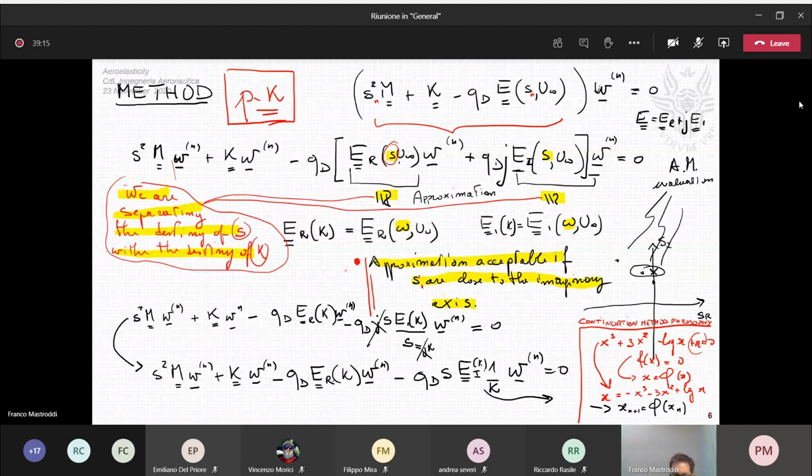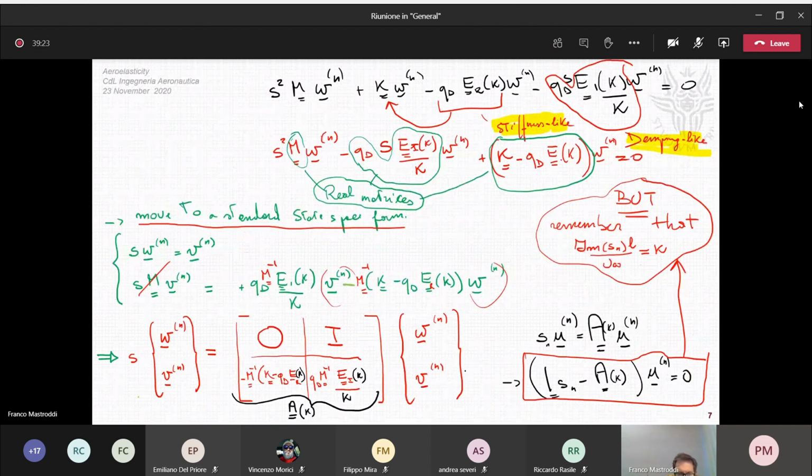In particular, we include the real part as a stiffness, and the imaginary part as a damping. As you can see here, you have the real part together with the stiffness, and you have the imaginary part here in the damping partition of our matrix here.